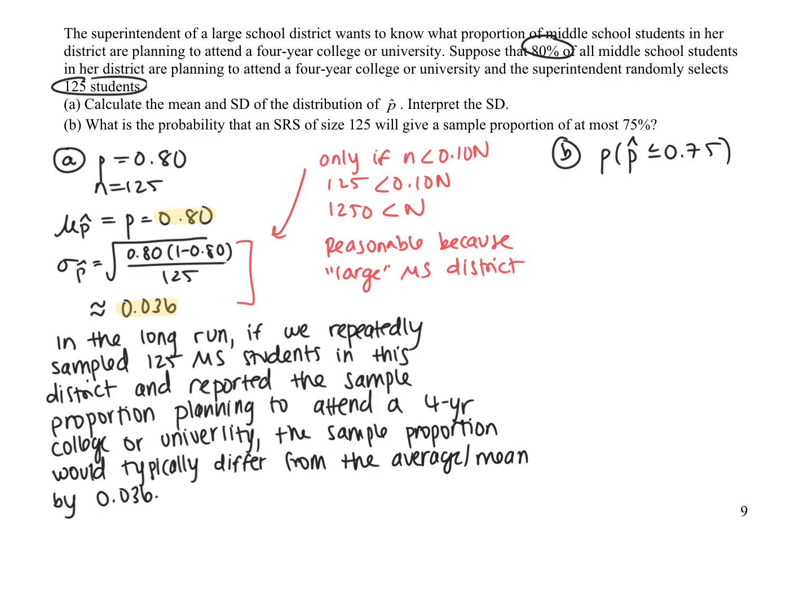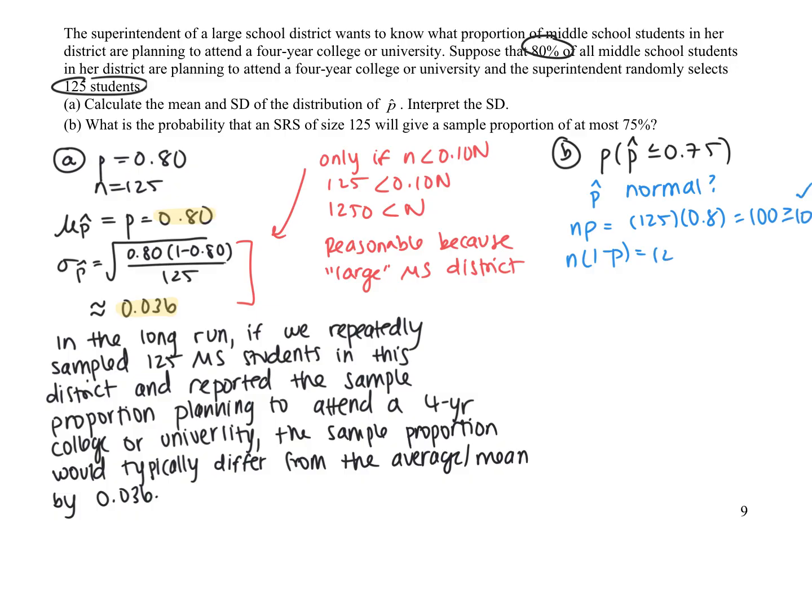Those are not helpful unless we know the shape. So what we need to know is, is p hat normal? The way we do that is we look at n times p and n times 1 minus p. So this is going to be 125 times 0.8, which is 100. That's definitely greater than or equal to 10.